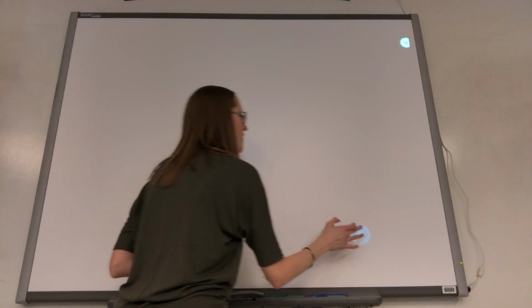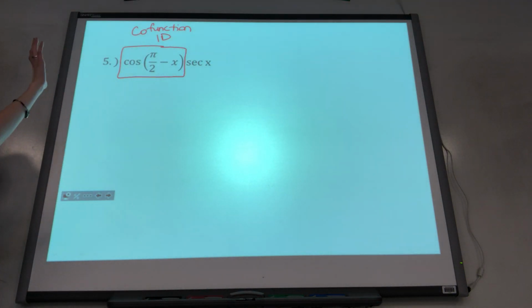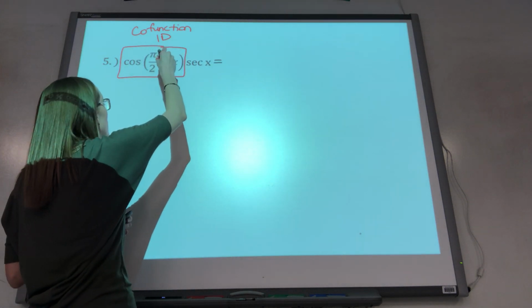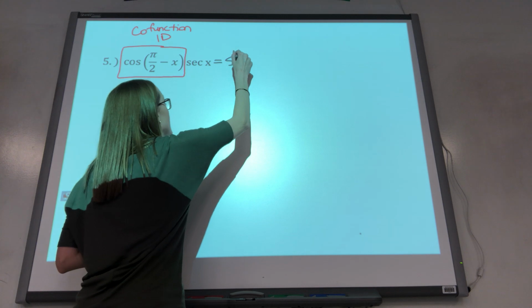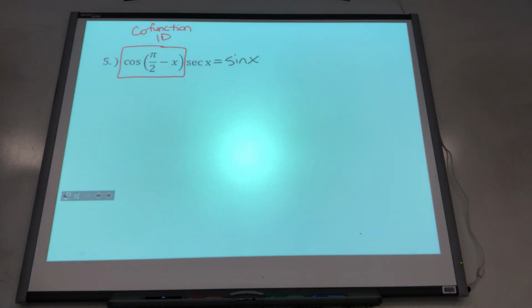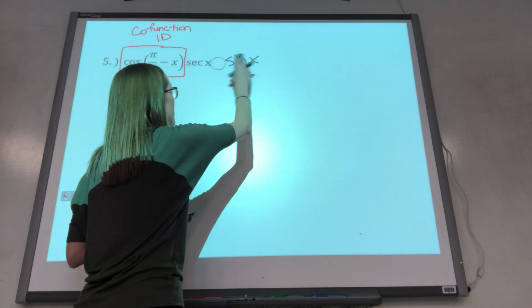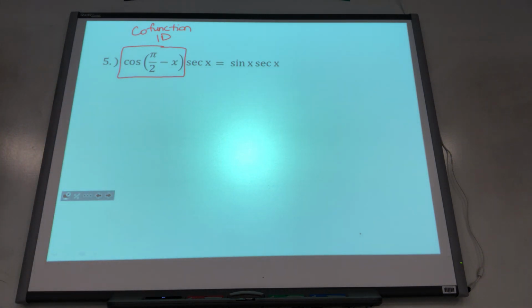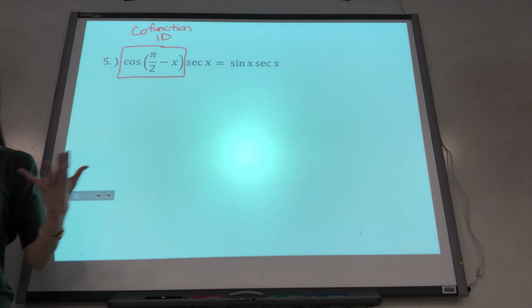And so the very first thing that I'm going to do here is replace that with sine of x. Now, for the time being, I think I just left secant of x alone, but I know I'm not done because I don't have just a single trig function.